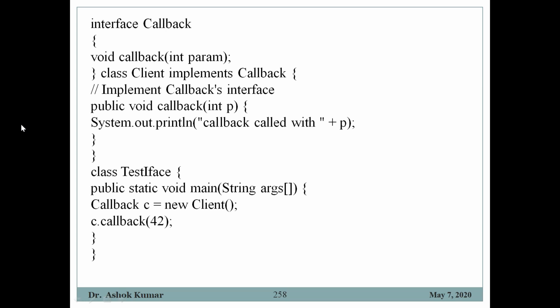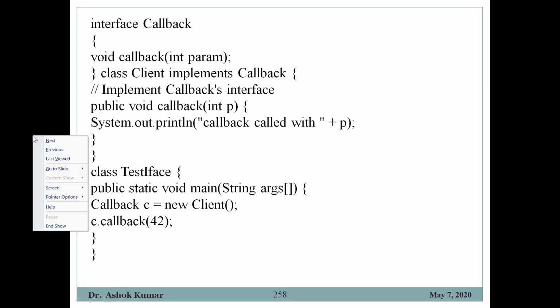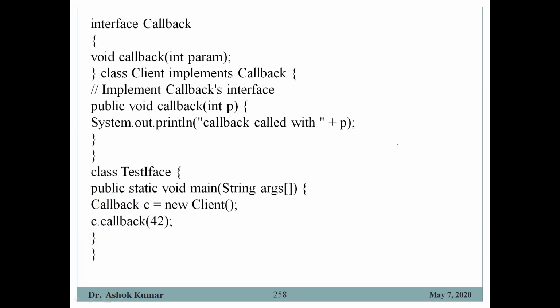So this is another important point. If you have an interface in your Java program, and one class implements the interface, then that class's methods can be called with the interface name.